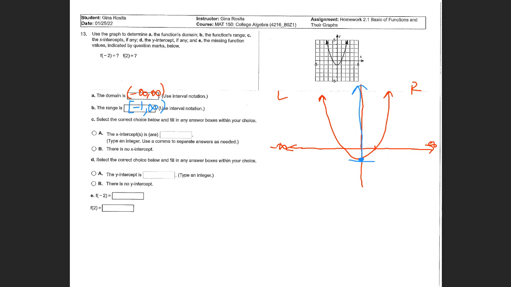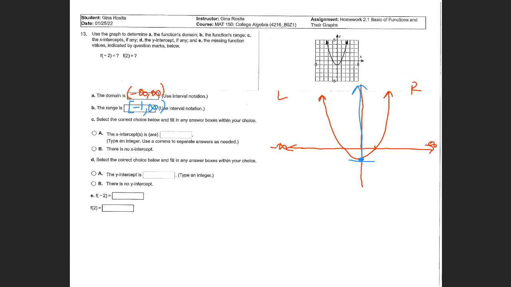Okay, now select the correct choice below and fill in any answer boxes within your choice. The x-intercepts, there are two x-intercepts, yeah, from here. So the x-intercepts are negative 1 and 1.